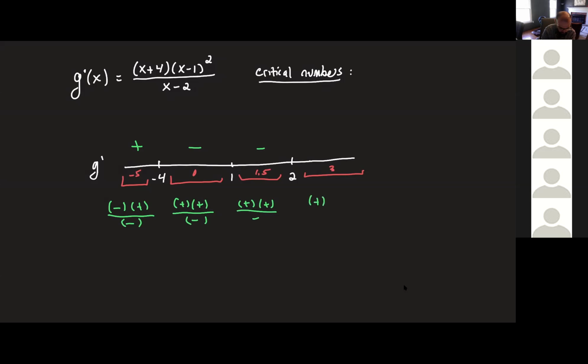So this is going to be positive. Going through, what we see is we're increasing, we're decreasing, we are decreasing, and then we are increasing. So this would be our first derivative sign chart.